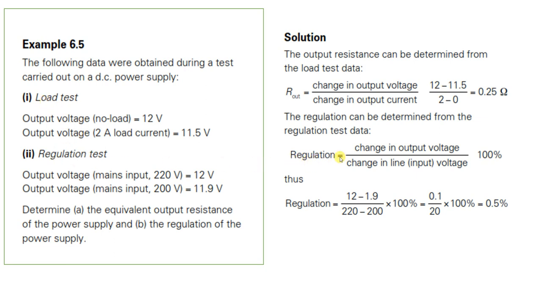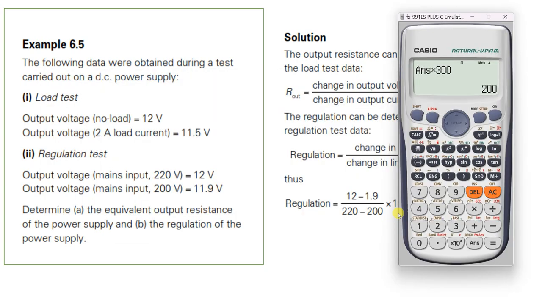Since we are calculating regulation, consider output voltage 12 changing to 11.9, and the supply voltage 220 and 200. So 12 minus 11.9 is 0.1, and 220 minus 200 is 20. So 0.1 divided by 20, into 100, is the regulation percentage. Regulations are always expressed in percentage.